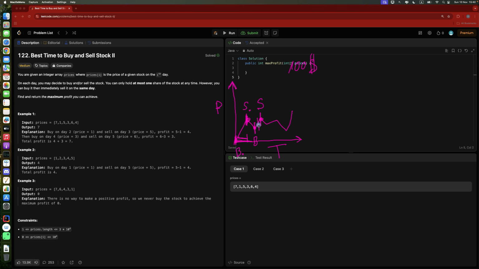In real life, we don't know this, because if we are here and have bought the stocks, we can tell we're going to have $1,000 and we will not wait for the optimal because we don't know what will happen, right? But here we can know this.